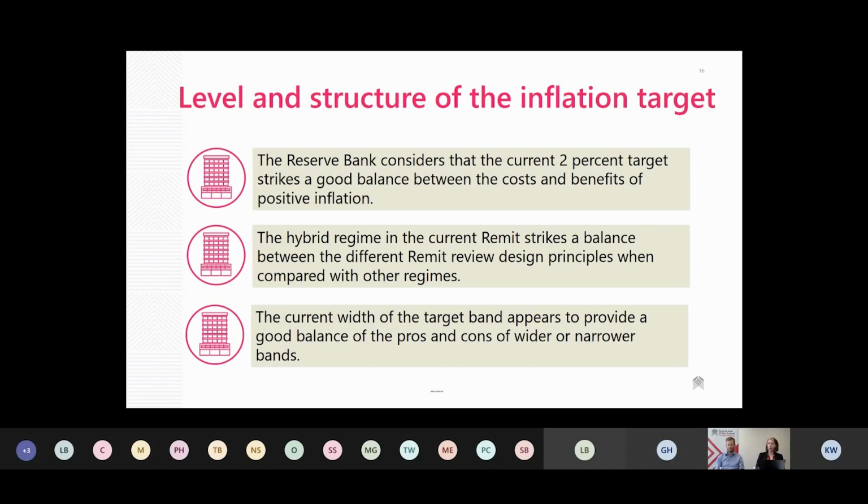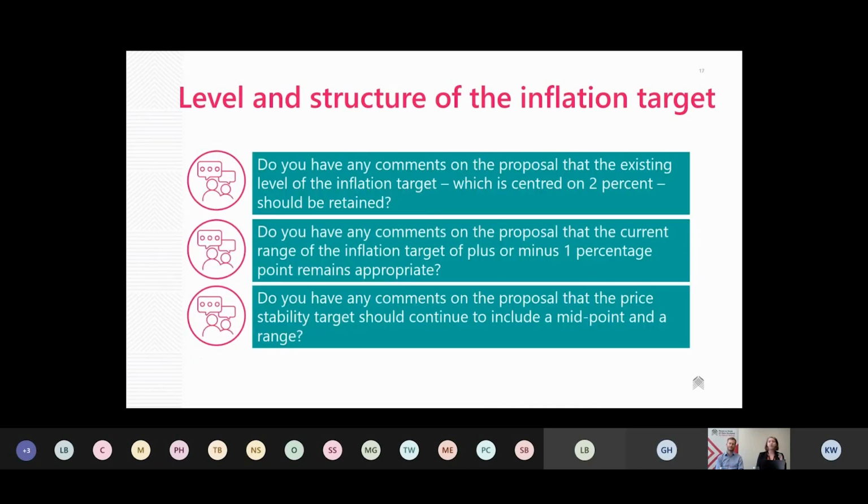We also continue to support having a midpoint as well as a range, as we find that having that midpoint really helps to focus inflation expectations at that 2% target. So we've also got a set of questions on these elements of the remit that we're seeking feedback on here as well.